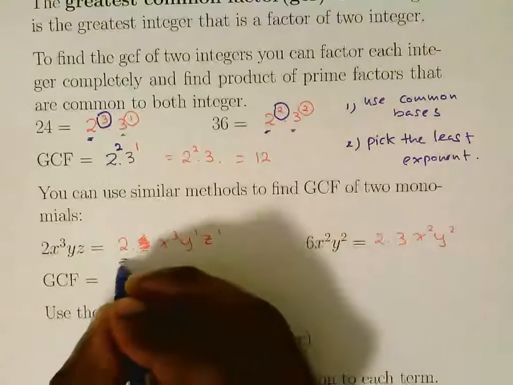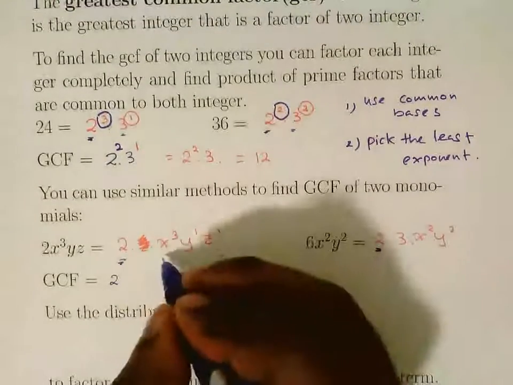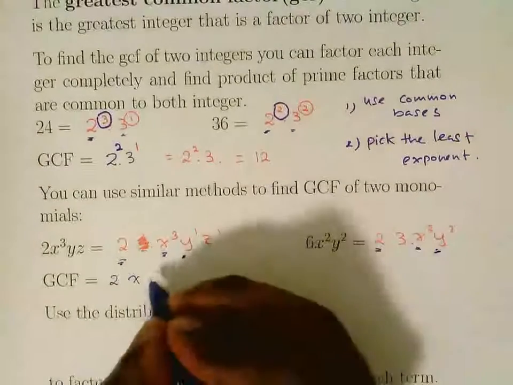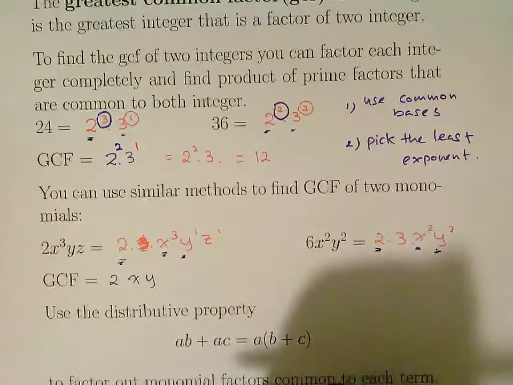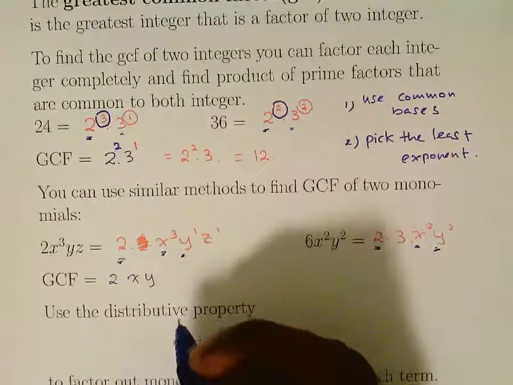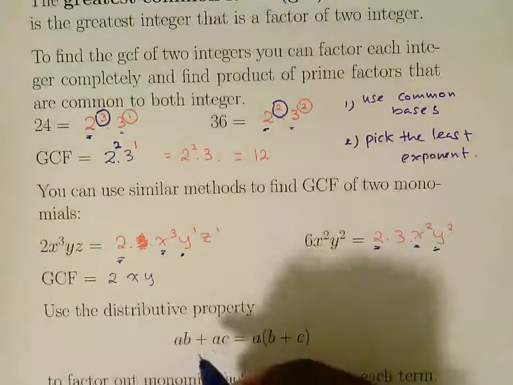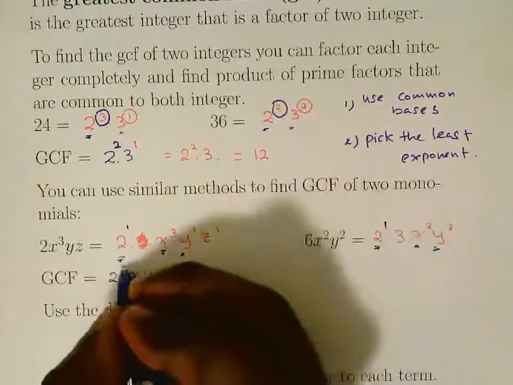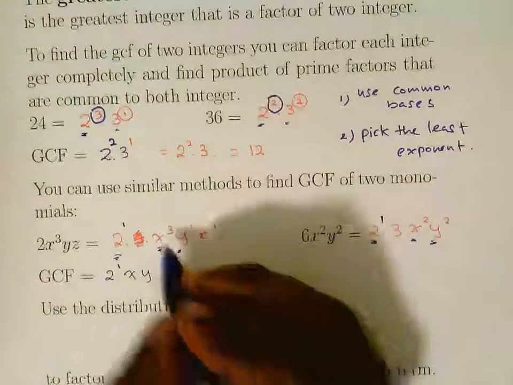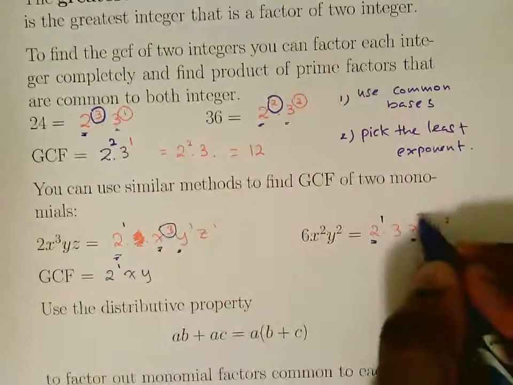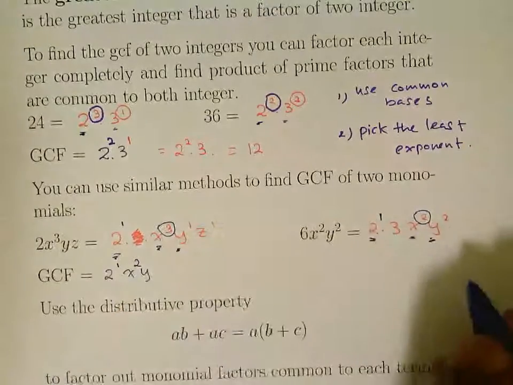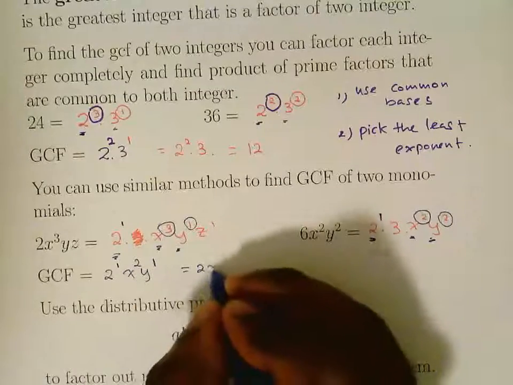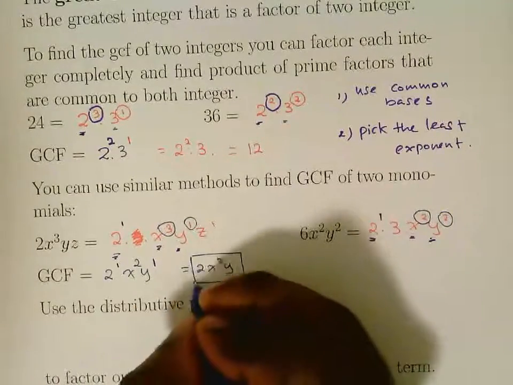Do not write anything else. 2 is common, x is common, y is common, z is not common, and 3 is not common. So only things that are common go to the greatest common factor. And look at the powers. Powers of 2, 1 and 1, the least is 1. Powers of x, 3 and 2, the least power is 2. Powers of y, 1 and 2, the least power is 1. So 2x squared y is the greatest common factor.